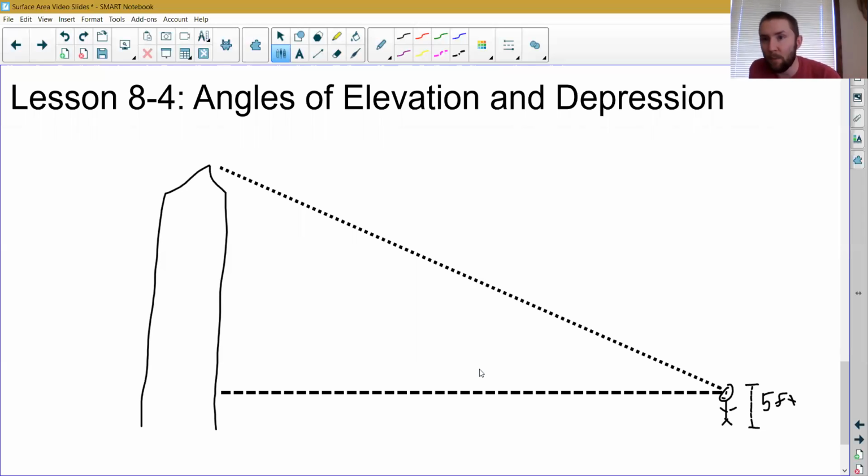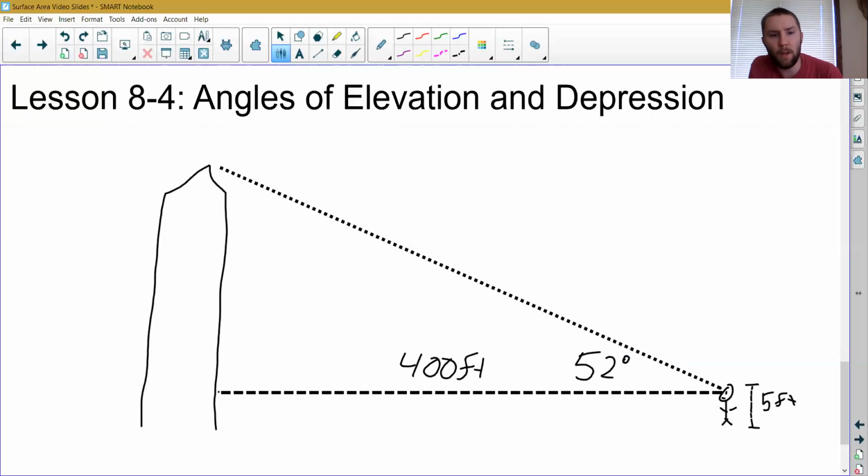So if, for example, we have the Washington Monument here and some spectator who is 5 feet tall is looking at the Washington Monument, standing 400 feet away, and the angle of elevation that they look up at is, let's say, 52 degrees. How tall is the Washington Monument, right? That would be the question.